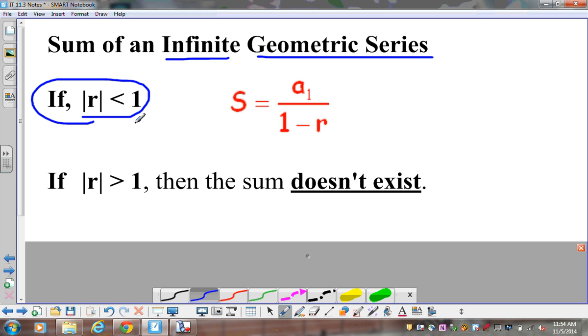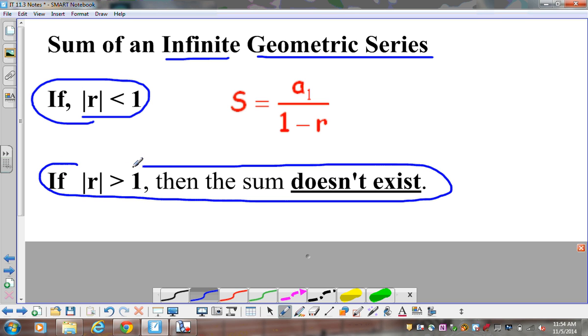It can't be 1 or larger, because if it is greater than 1, then that particular sum does not exist. Basically, with an infinite geometric series, when my R value is less than 1, we're looking to see what number that sum is approaching.